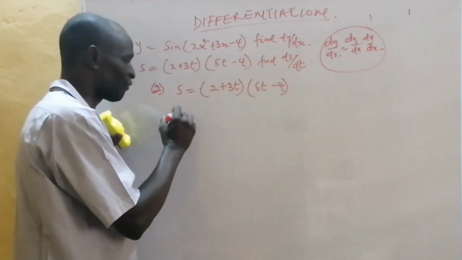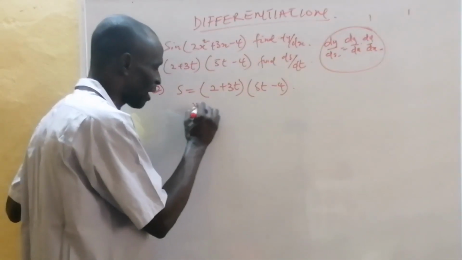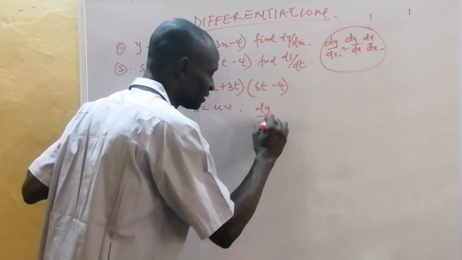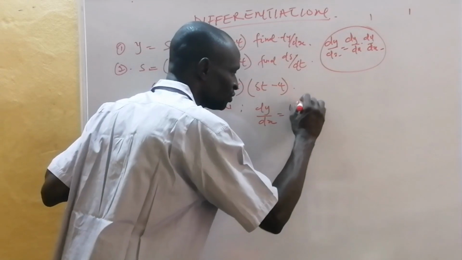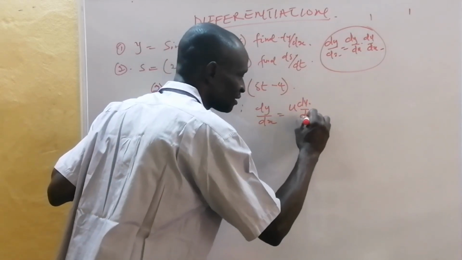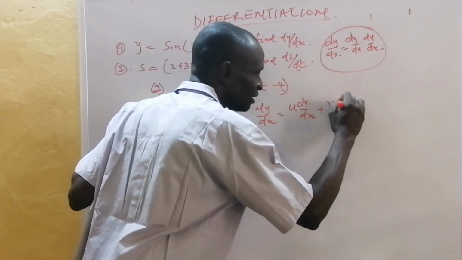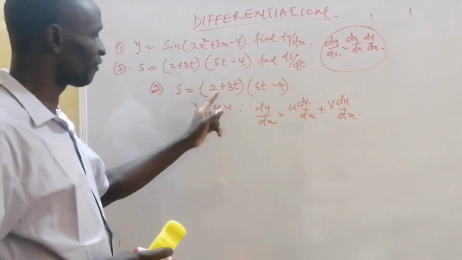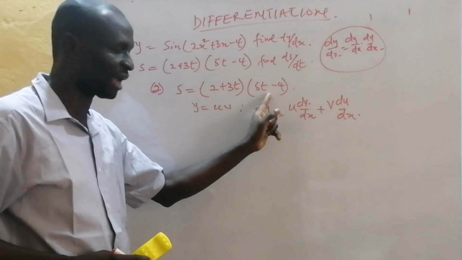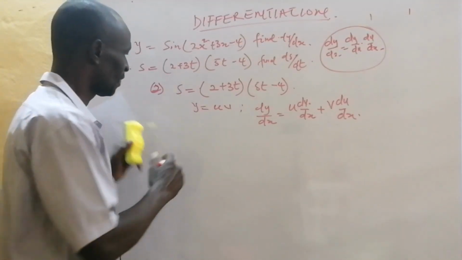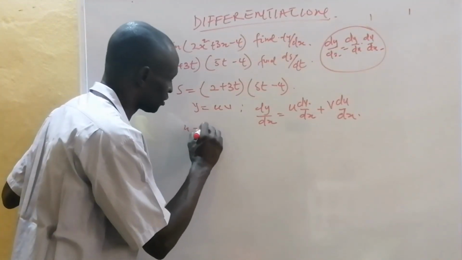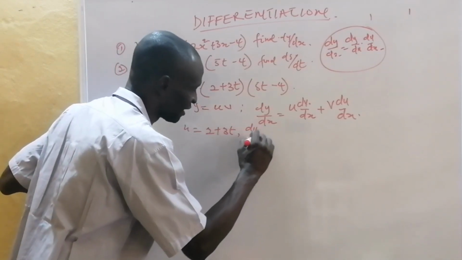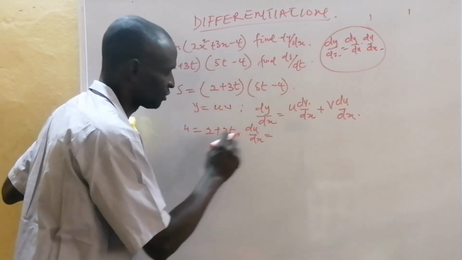Product rule says if y is equal to uv, your dy/dx is equal to u dv/dx plus v du/dx. That means we're going to make one of these my u and the other my v. So now let u equal 2 plus 3t. My du/dt will be equal to 3.